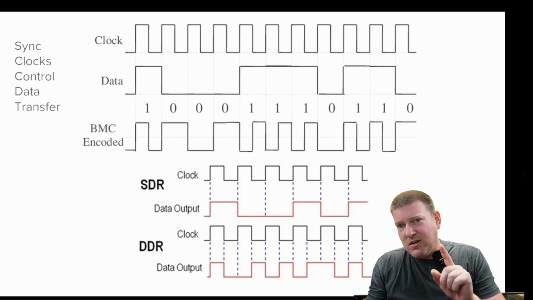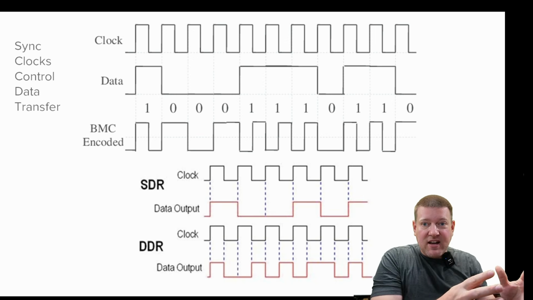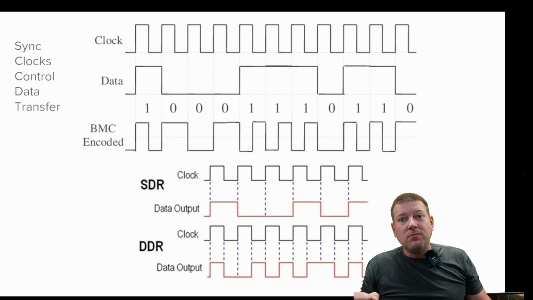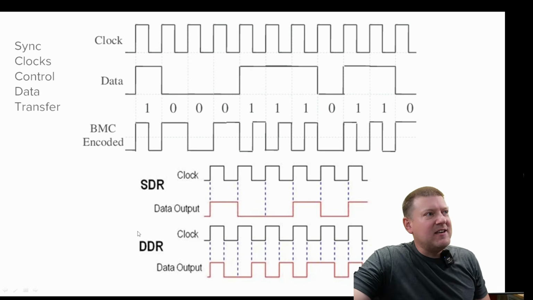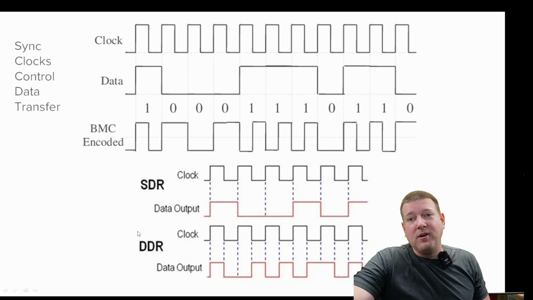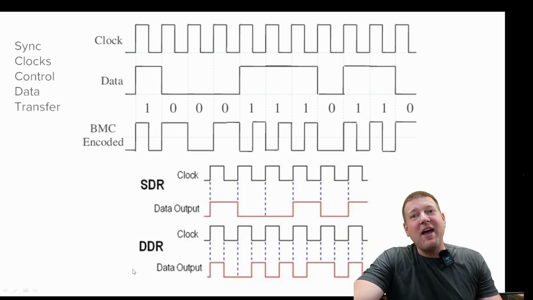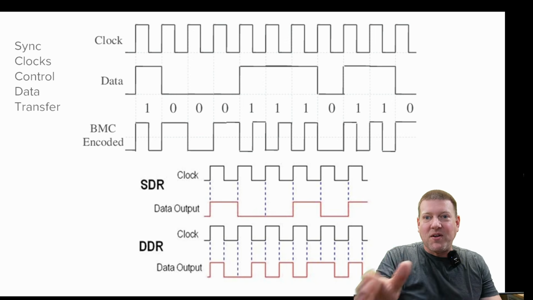There's 2 state changes for 1 clock pulse. Why don't we send data on the first point, and then on the falling edge, let's do it again? And that's what they did. And that's called DDR. Or, as you guys have probably heard, double data rate. How original, right? So there you have it. That's double data rate. It's on the rising edge and on the falling edge of every clock pulse.